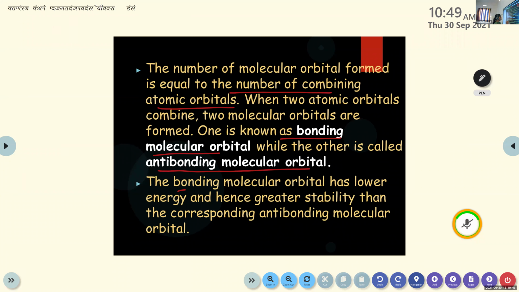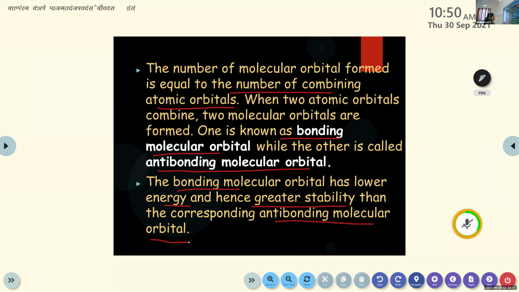The bonding molecular orbital has lower energy and hence greater stability than the corresponding anti-bonding molecular orbital. When there is lower energy, that means it has more stability.